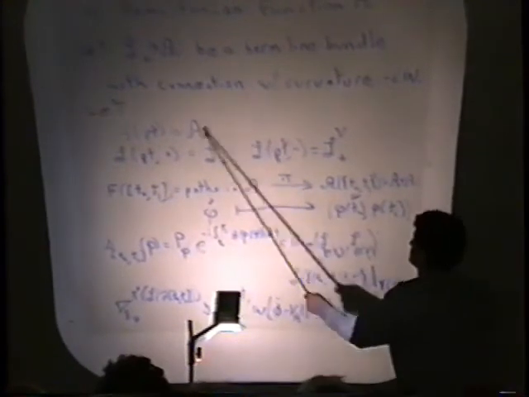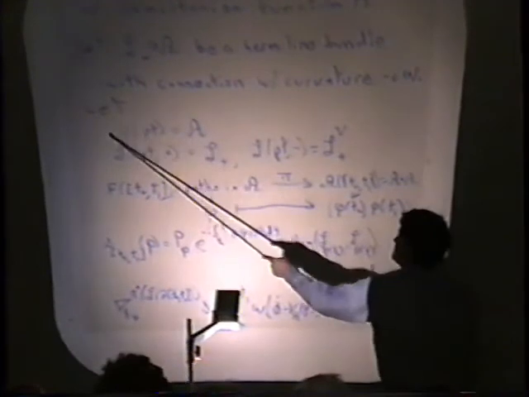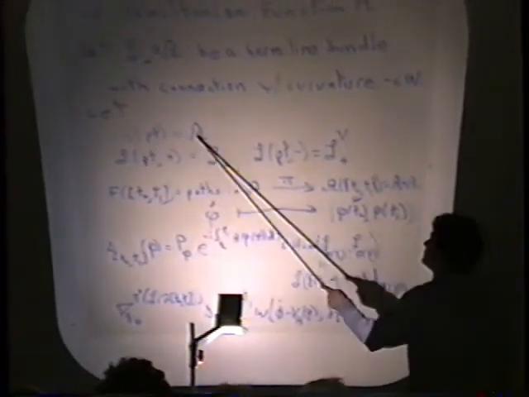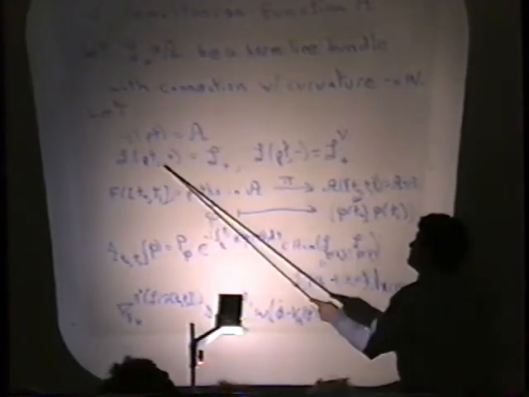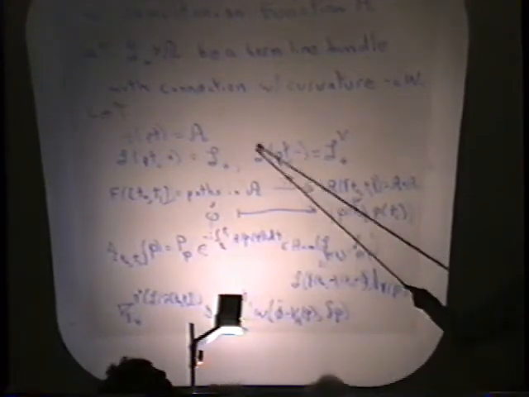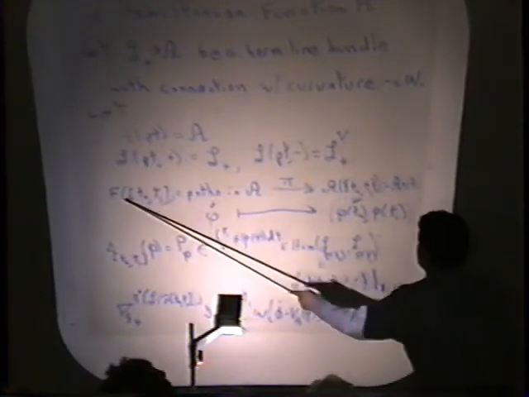Then the definition of the theory is: A of a point, the Cauchy data associated to the zero-dimensional manifold of a point, the line bundle associated to the oriented zero-dimensional manifold, which is a point with plus orientation, is L plus, and the line bundle for the point with minus orientation is therefore the dual of that. The space of fields is just the paths.